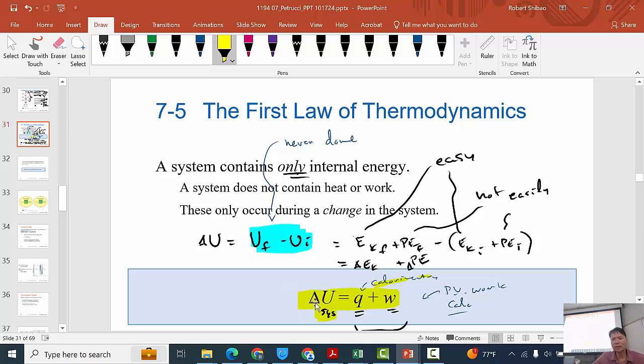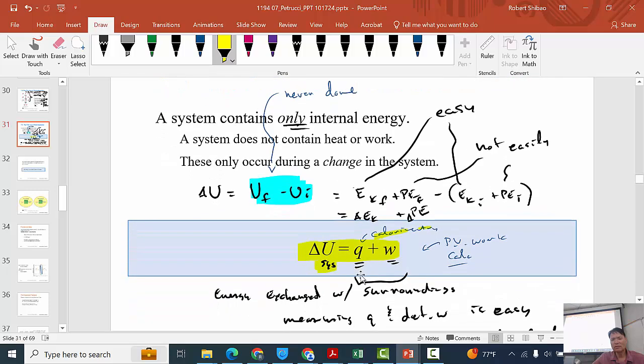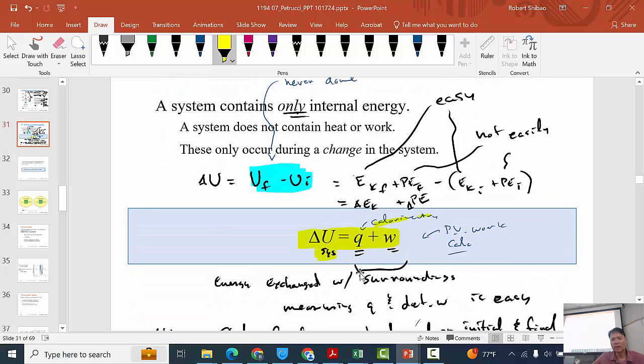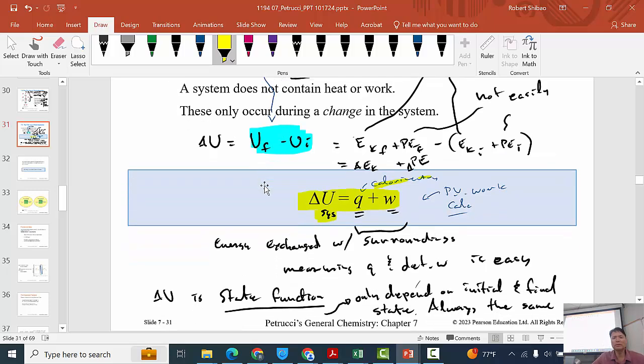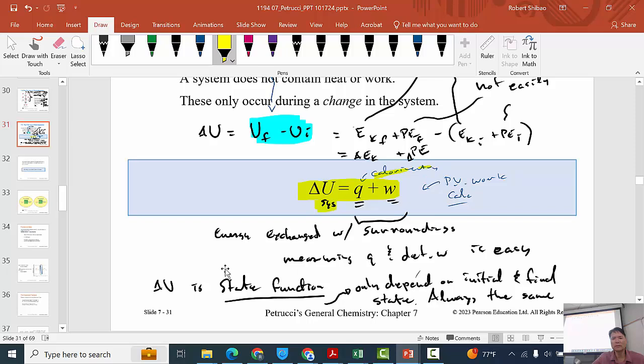And so we can determine how much heat and work is involved in an internal energy change. And that turns out to be very useful. And so we'll talk about this. I was talking about state function as well here, which is important too.